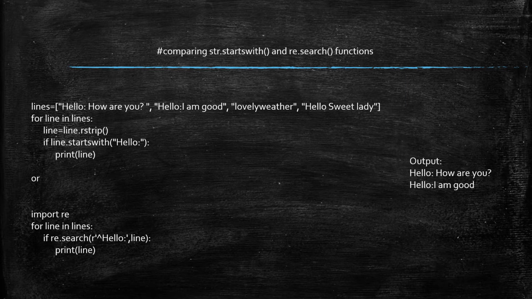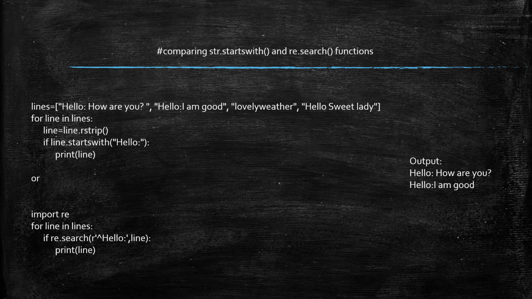So when I say import re and I say for line in lines, I'm using the function if re.search. Now this function uses a raw string, and if you see, it starts with a small r, that means the raw string. Within the quotes, we are writing the caret sign and "hello:". The caret sign means that my string has to start with capital H, E, double L, O and colon.